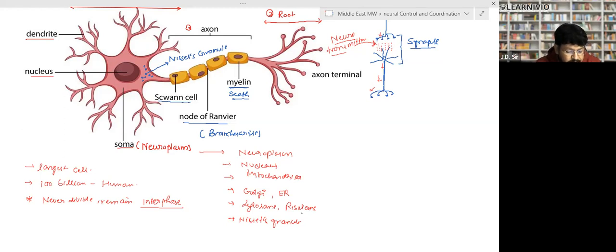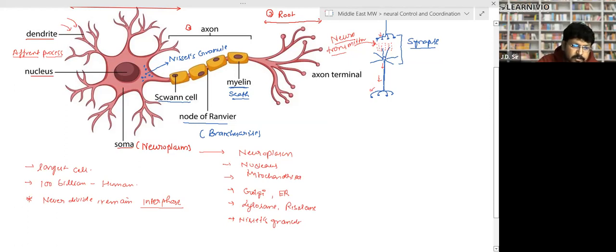Then dendrites: they conduct nerve impulses towards the cell body, and are called afferent processes, that is receiving processes, because they receive signals. In brackets you can write afferent process, that is receiving process, meaning they receive the stimulus.